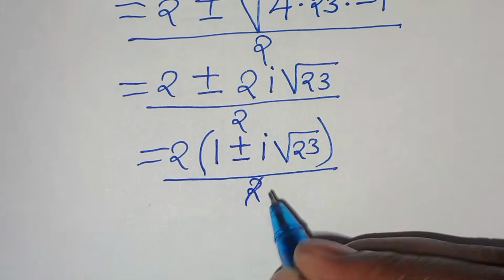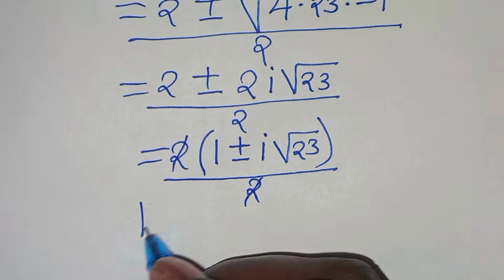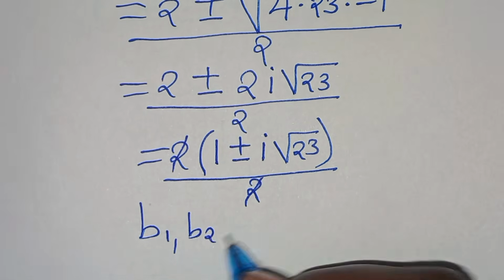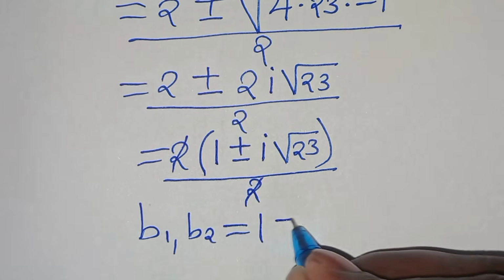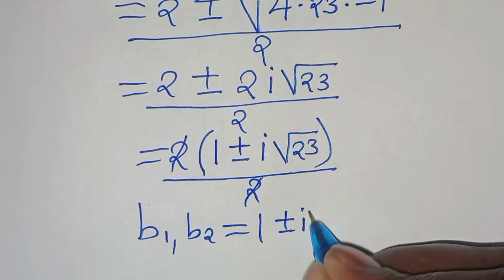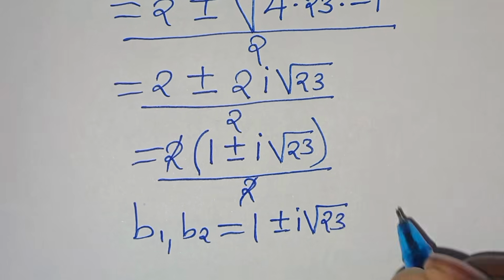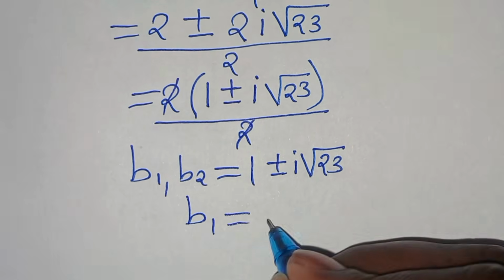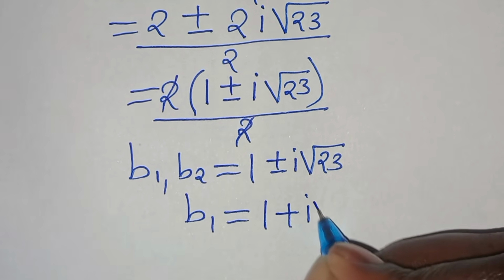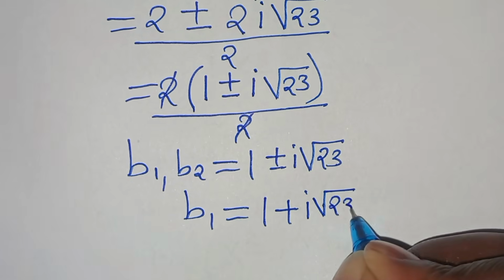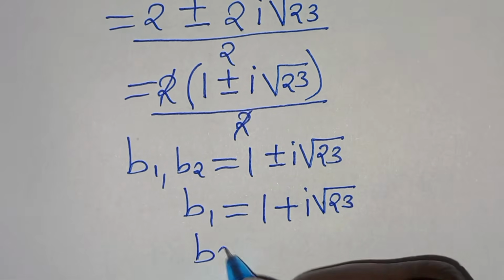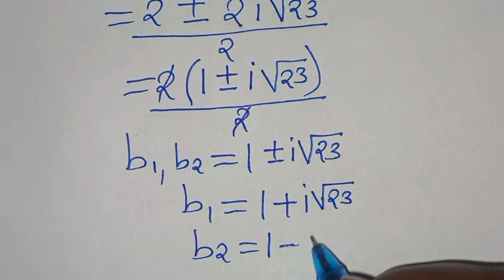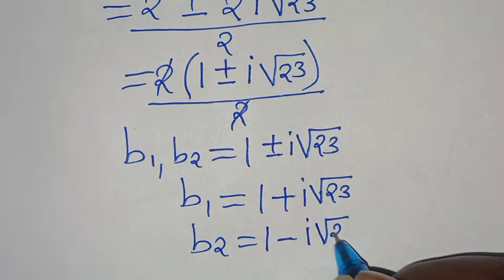So let's simplify 2 and 2 here, so that now b1, b2, this is equal to 1 plus or minus i square root of 23. So this implies that b1 is equal to 1 plus i square root of 23, and we have b2, this is 1 minus i square root of 23.